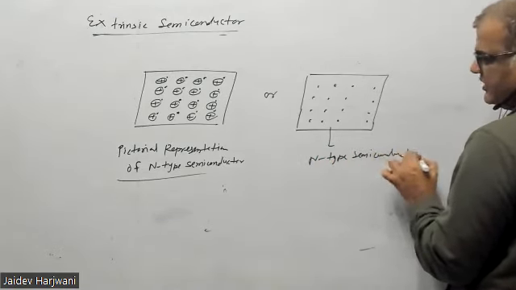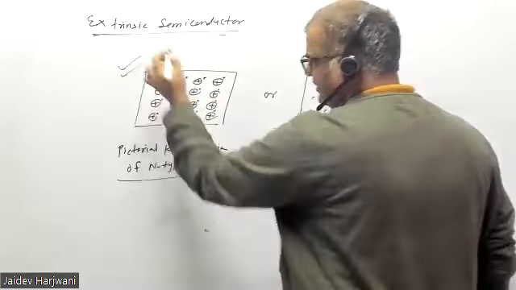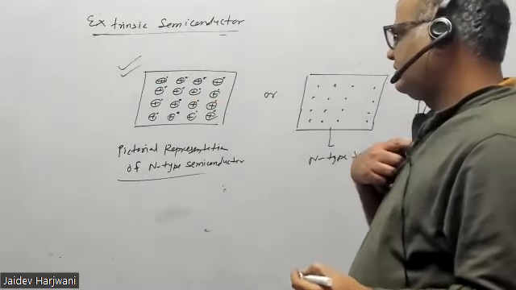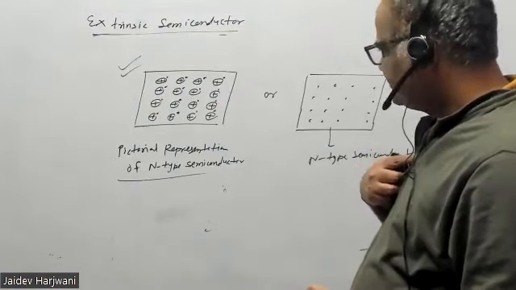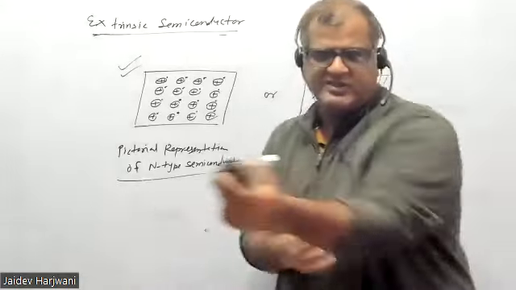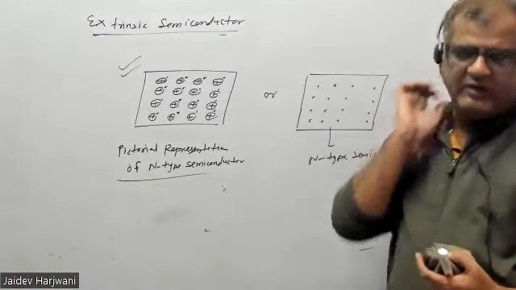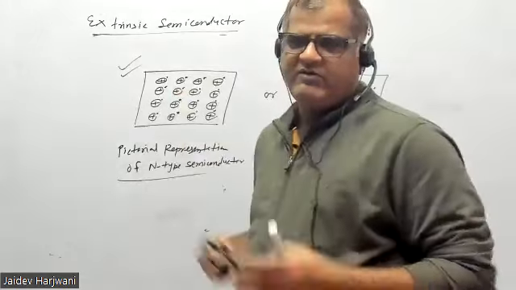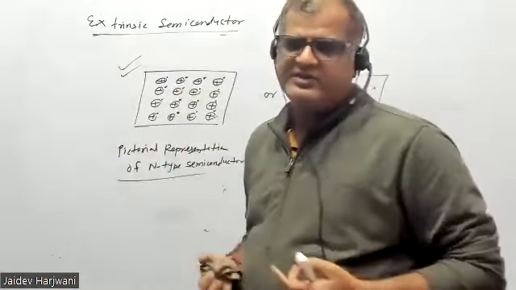But generally we require this type, because this gives much more information while understanding. This is important because we have to understand how a p-n junction behaves, so I should be able to represent what is n and what is p when I'm forming a p-n junction.